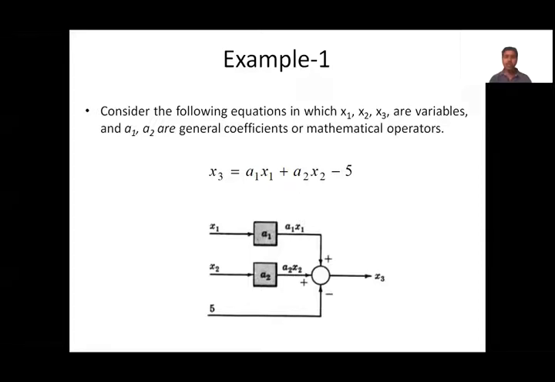In a similar way, x2 is multiplied with the a2 block and we get a2x2, that is given to the summing point. And finally, 5 is directly given to the summing point. Therefore, x3 is a combination of these three terms. This is the way of representing an LTI model in a complete block diagram way. So here the blocks are two multipliers a1, a2 and one summing point.